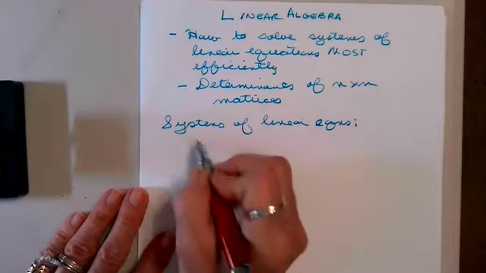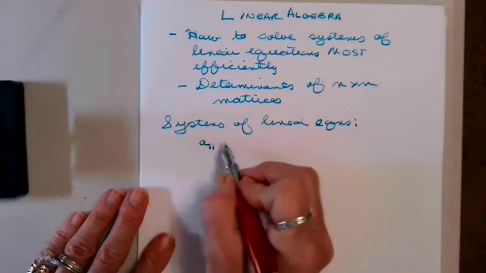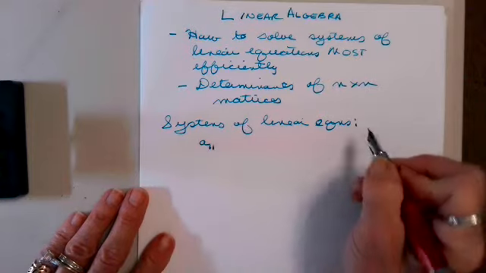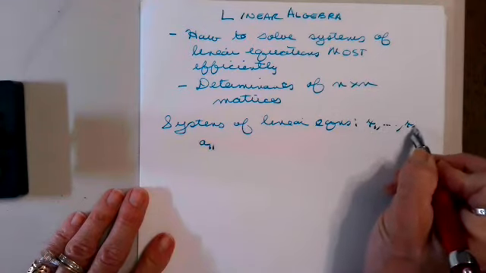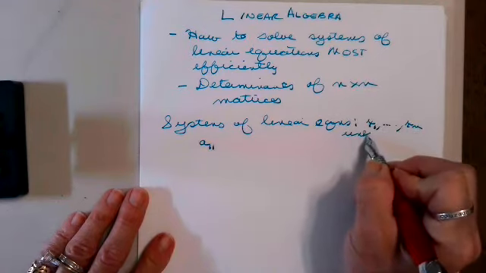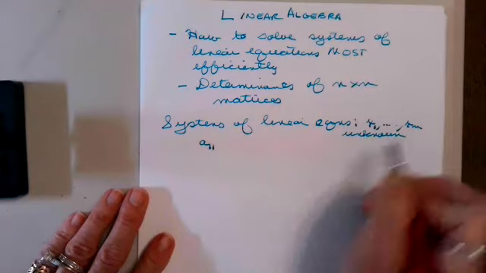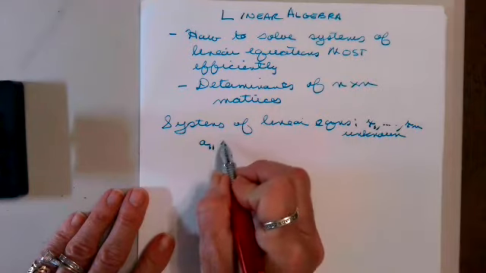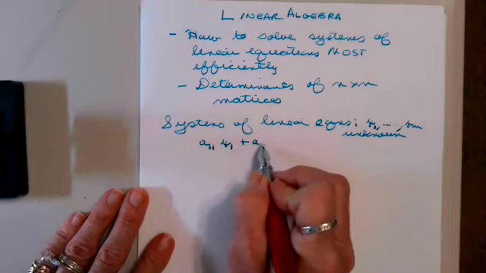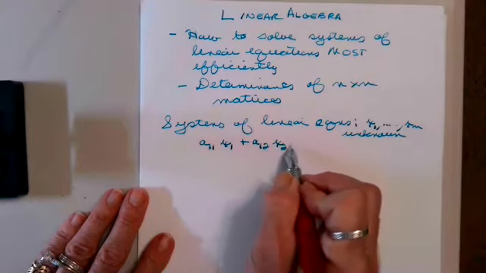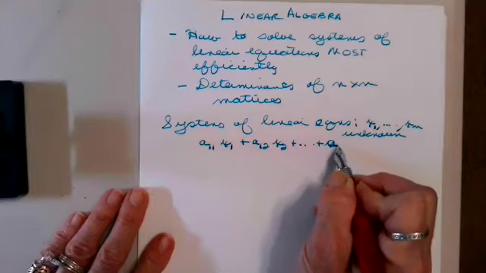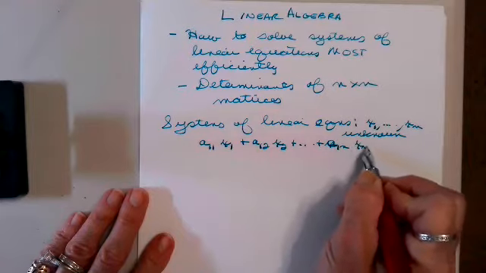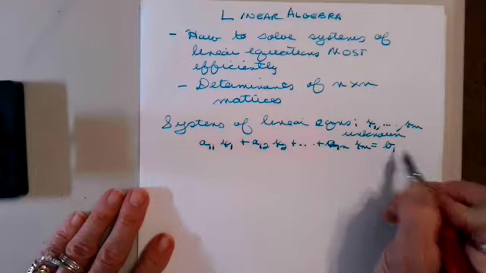Well, first, let's write down a system of linear equations. So let's say x1 up to xn are unknown, but we have these equations: a11 times x1 plus a12 times x2, and you keep going till you get a1n times xn equals, let's call it b1.